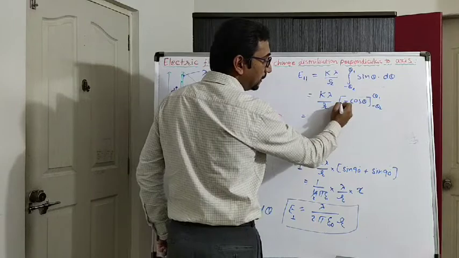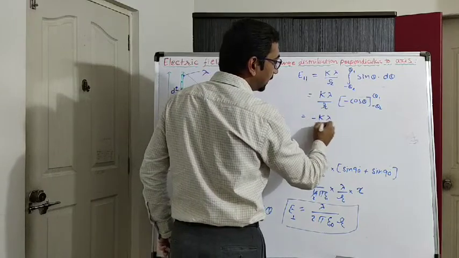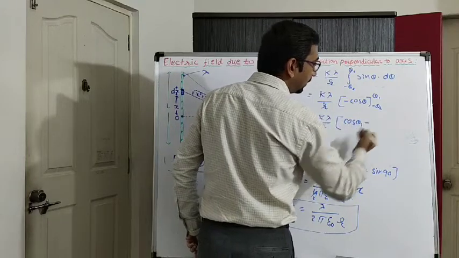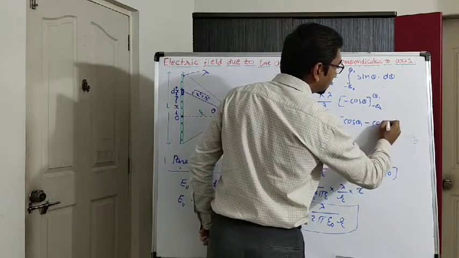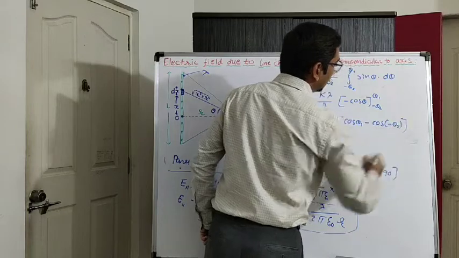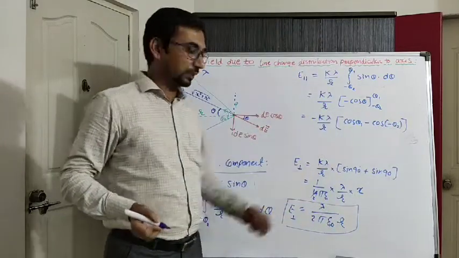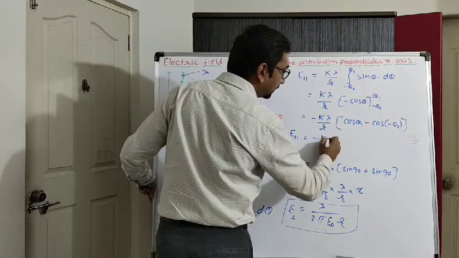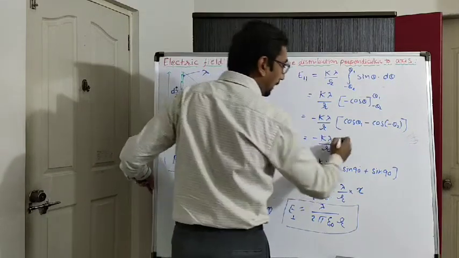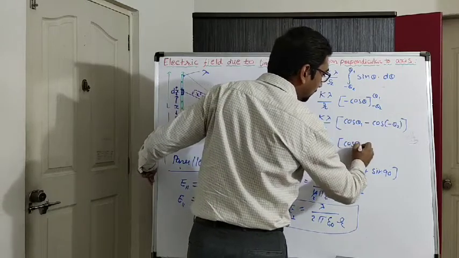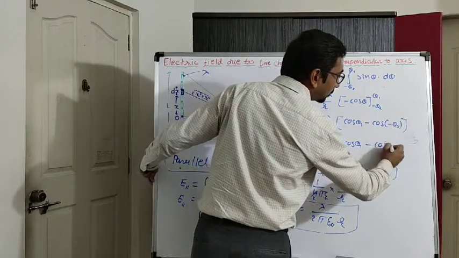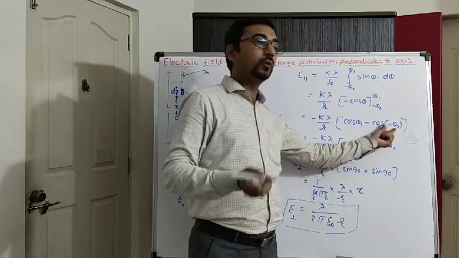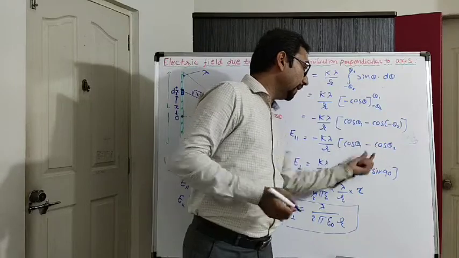So if we take out this negative sign, minus k lambda upon r, upper limit is cos theta 1 minus lower limit is cos minus theta 2. So this is our equation. If we further simplify it, then E parallel is equal to minus k lambda upon r in bracket cos theta 1 minus cos theta 2, because cos minus theta is equal to cos theta, so minus will remain as it is.